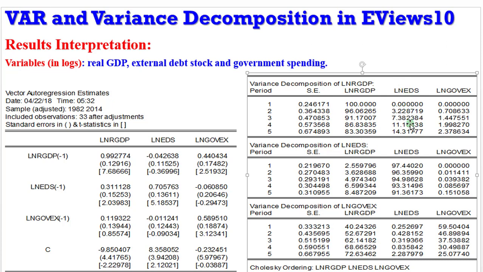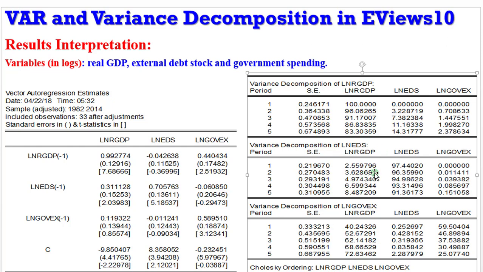And looking at external debt stock, we can see that the influence is rising gradually over the years, from 3 to 7 to 14. But overall, it is still weak. The influence on real GDP is still weak. Looking at government spending, the influence on real GDP is very, very insignificant. So this is how you should interpret your results for variance decomposition.